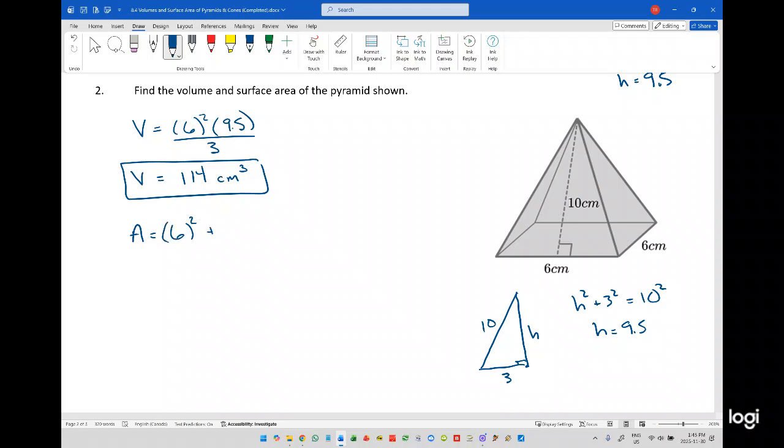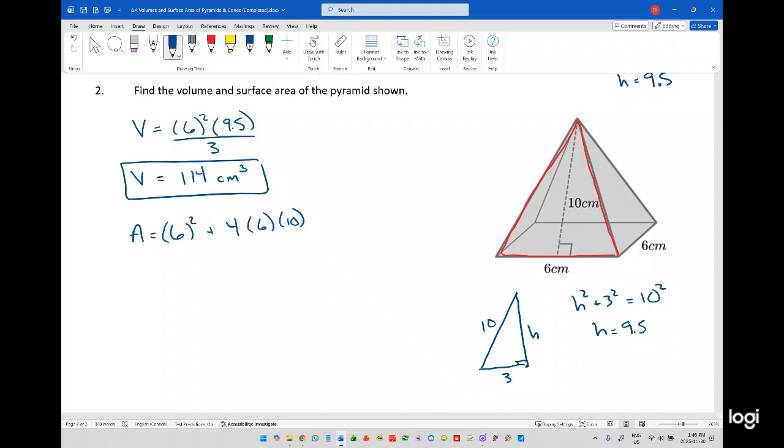And I could go back and actually look at the equation, but I'm going to do it slightly differently. I'm going to say there's 4 triangles, like here's a triangle. There's 4 triangles, and each of them is base times height divided by 2, which is 6 times 10. 10 is the height.